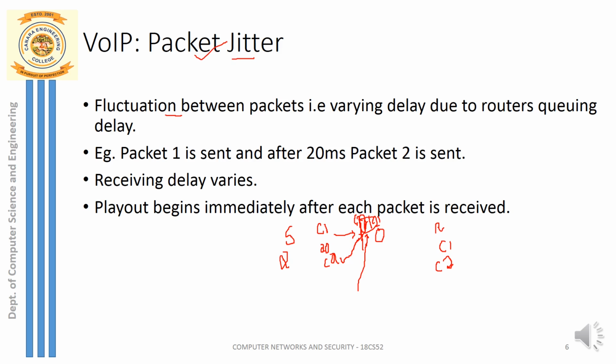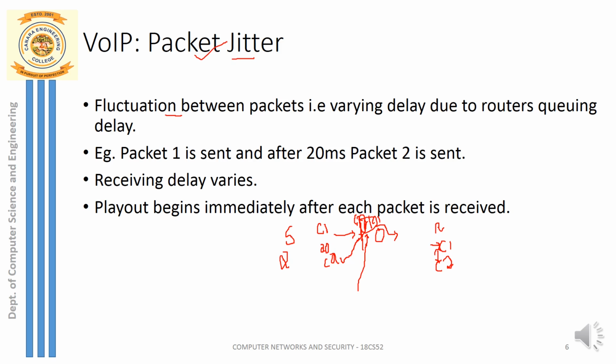Chunk 1 is going to get the first chance to move out over the outgoing link, and after chunk 1 there are several other packets which have to move out, and after all those packets are gone, only then will this chunk 2 get a chance to move out. So in that case, what happens at the receiving end? At the receiving end, first definitely chunk 1 reaches, but after a long gap chunk 2 reaches the receiver's end. Definitely because of this long delay, receiver may experience disturbance.